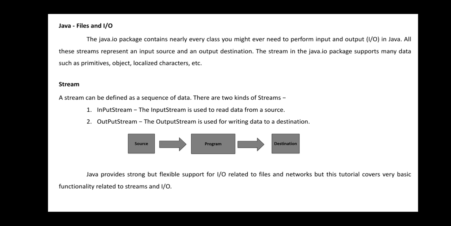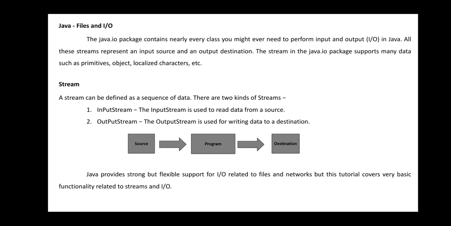The java.io package contains nearly every class you might ever need to perform input and output operations in Java. All these streams mean a bucket or a space from where you want to extract information and display it or use it within your programming language. We can call them streams.